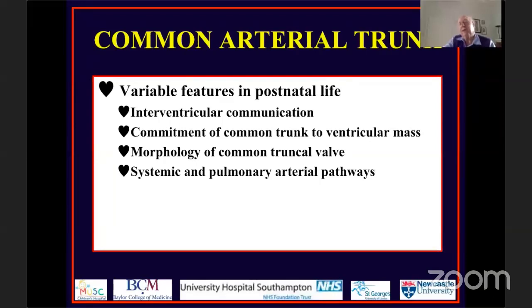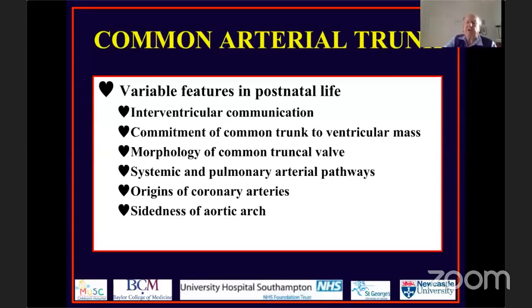And remember, we now know that this depends entirely on what happens to the changes in the distal part of the developing outflow tract. I'll discuss with you the variations in the origins of coronary arteries. I'll make reference to the sidedness of the aortic arch, and then I'll finish by discussing with you the significance of patency of the arterial duct.